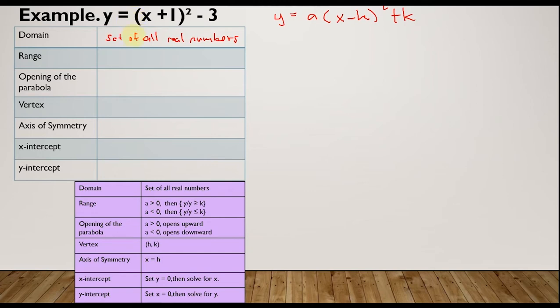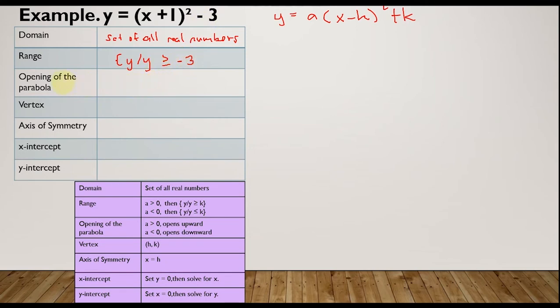Since that is positive 1, we're going to consider this condition. So we're going to use y such that y is greater than or equal to k. As you can see on our formula, k is located outside the parenthesis. So here our k is negative 3. Writing the range, we have y such that y is greater than or equal to negative 3.